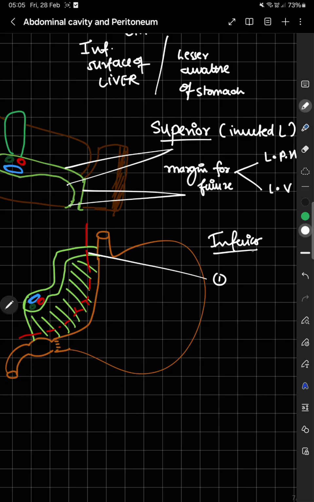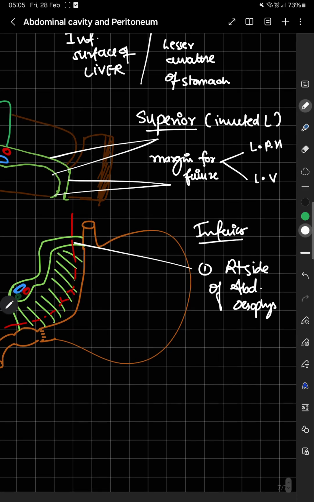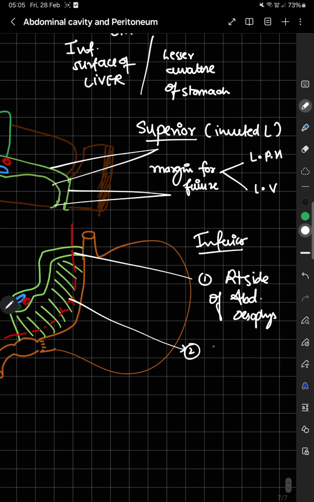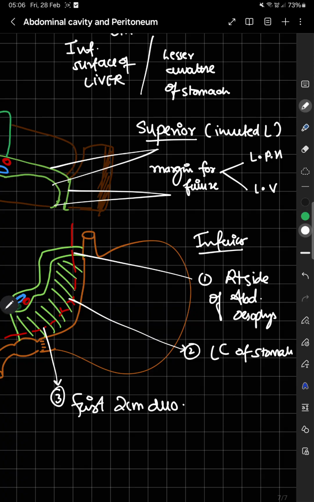Firstly, we have the right side of abdominal esophagus, then the lesser curvature of stomach, and the third part is the first 2 centimeters of duodenum. This whole part is stomach, and this whole part is our duodenum.